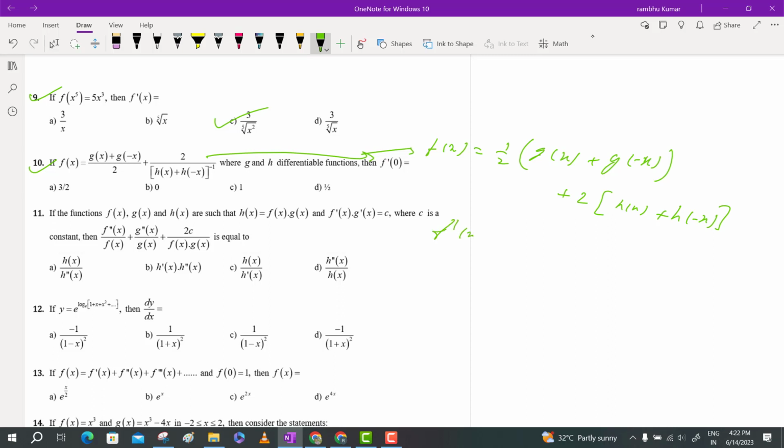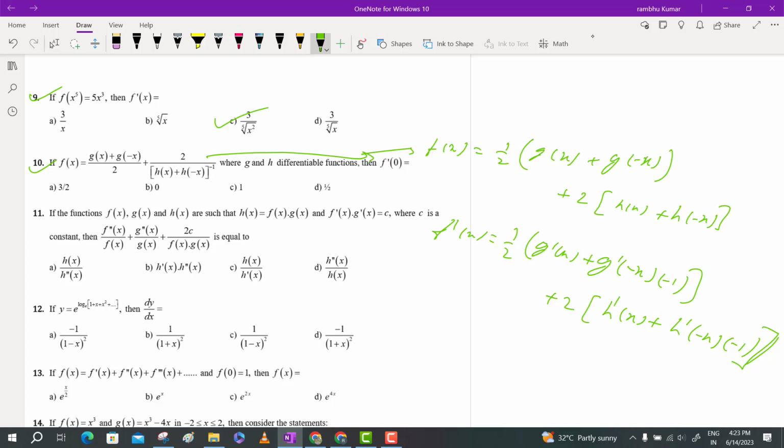Now f dash x is nothing but 1 by 2 g dash x plus g dash minus x into minus 1, plus 2 into h dash x plus h dash minus x into minus 1.